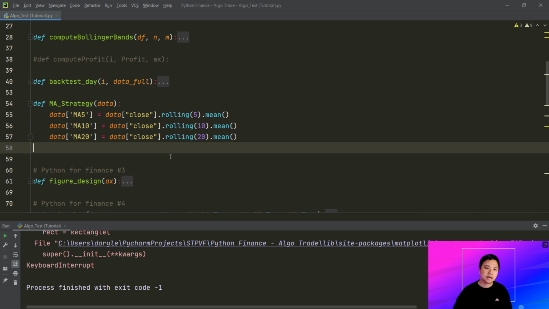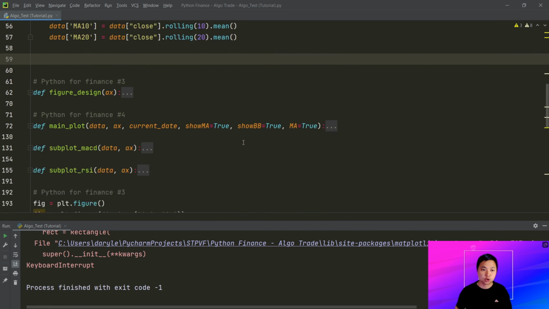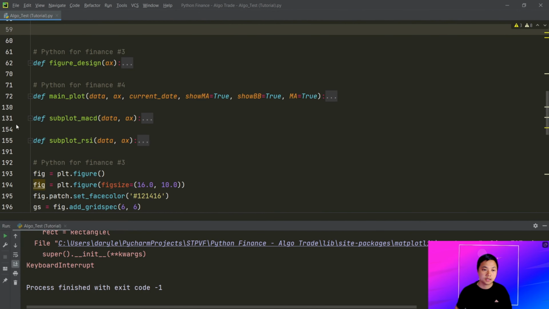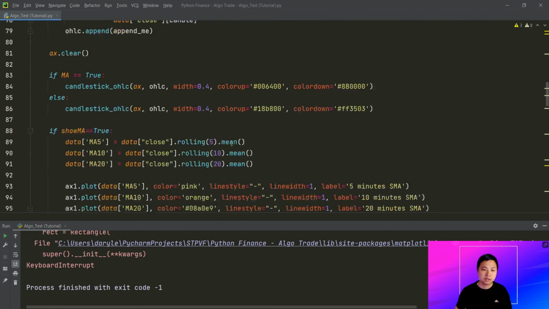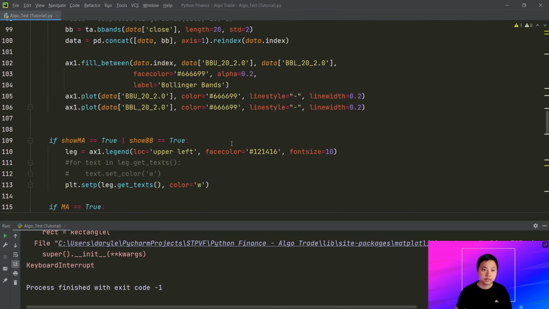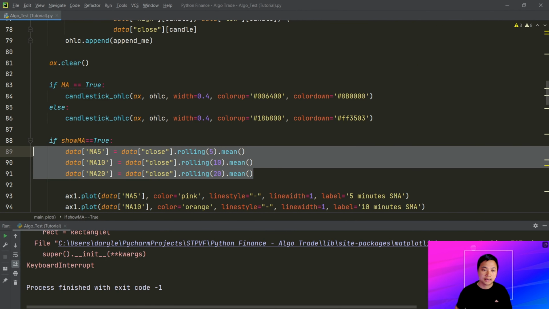And then I will need to create 3 moving averages, which is exactly what we did in the main plot when we enabled the moving average lines.